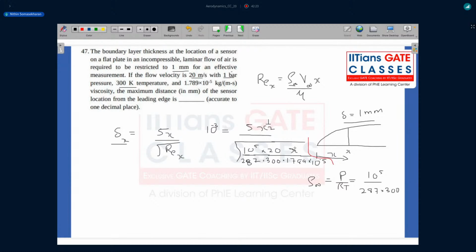All right. Now in this entire equation, only x is your unknown. So if you were to take it to the other side, your x power half is nothing but your 10 power minus 3 into whatever is inside the square root, that is 10 power 5 into 20 divided by 287 into 300, right, into 1.789 into 10 power minus 5.